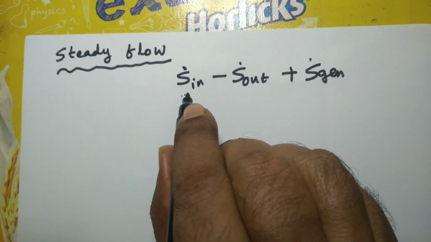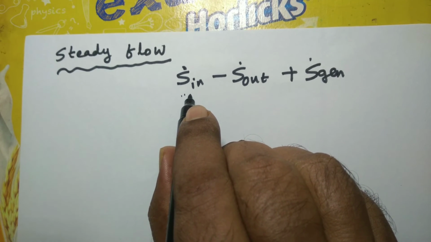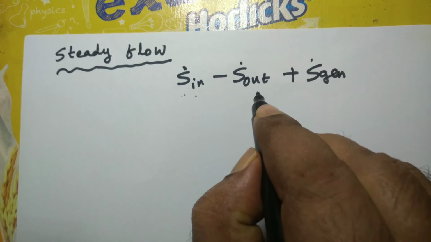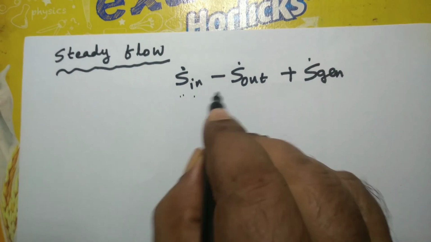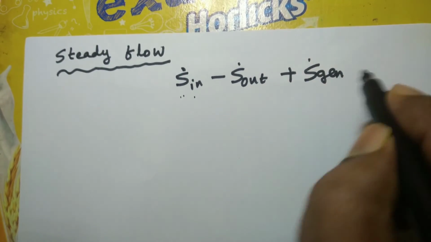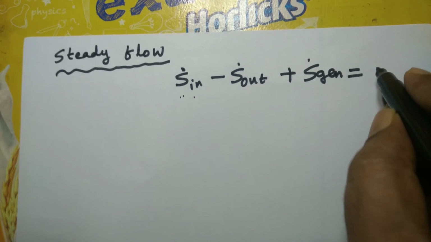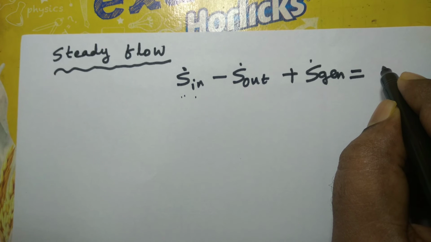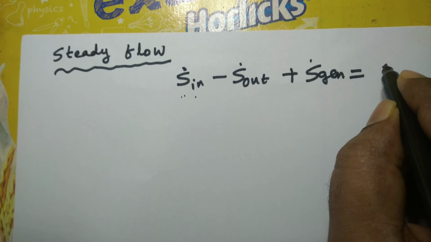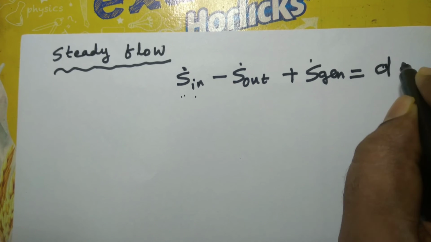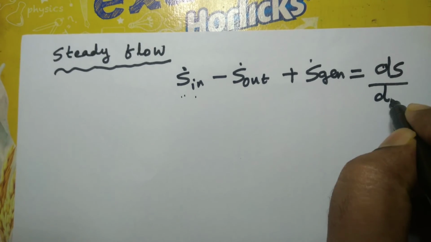That means the rate of entropy entering the system per unit time, minus the rate of entropy leaving the system per unit time, plus the rate of entropy generation, is equal to dS by dt.